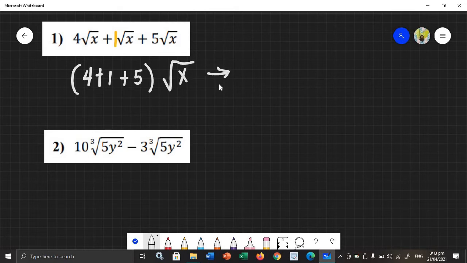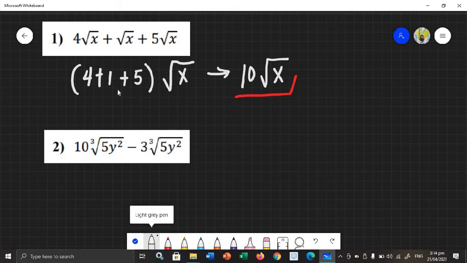And then proceed in adding the numerical coefficient. So we have 4 plus 1 plus 5. That will result to 10. And then square root of x. And this is now the sum of this first example. Okay? Just always remember na kapag walang nakasulat na numerical coefficient, that is considered as 1.